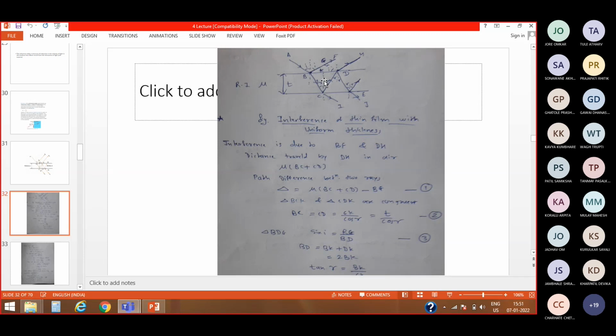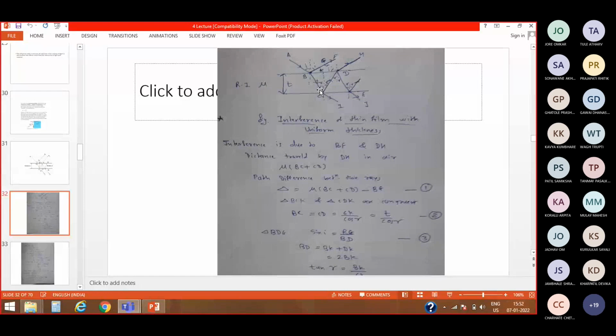So BC is equal to CD. Since both the triangles are equal, BC and CD both are equal. So BC is equal to CD is equal to, क्या होता है, CK upon cos of r. CK, this line, upon cos of r.